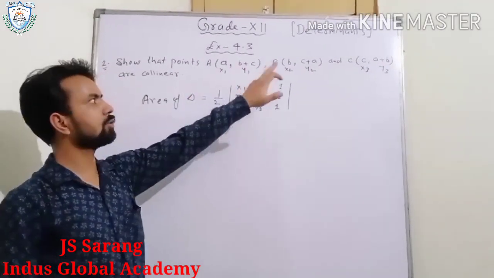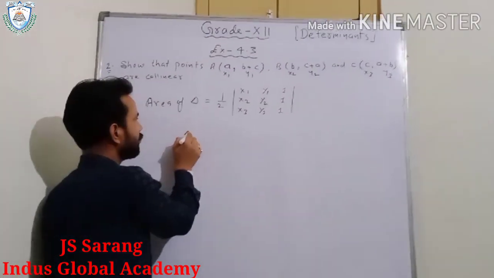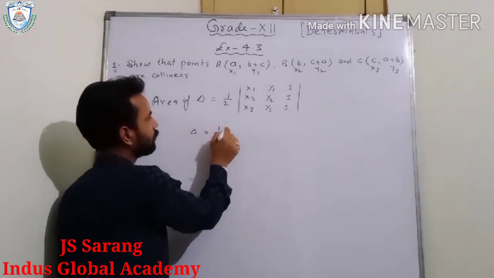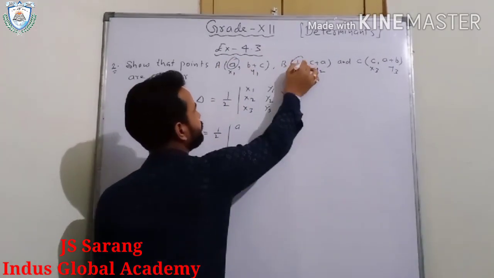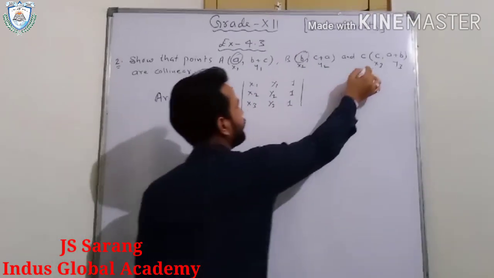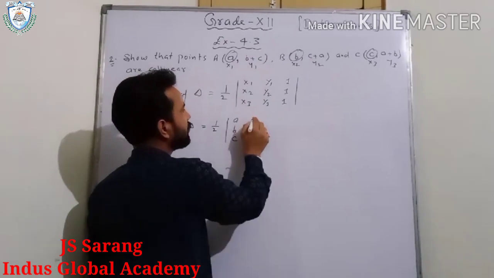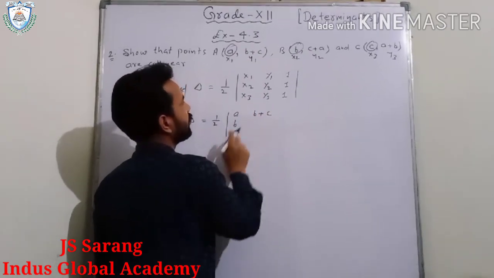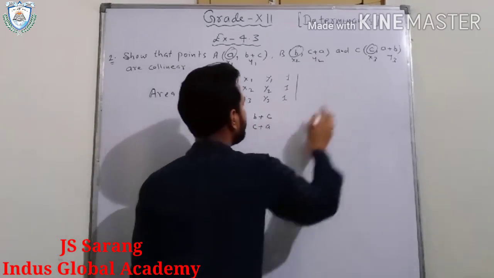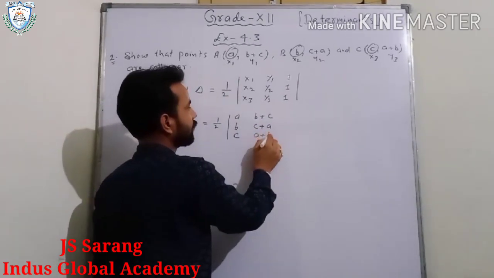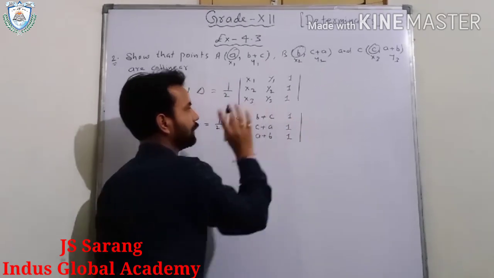So delta equals 1 by 2 determinant, where x1 is A, x2 is B, and x3 is C. Now y1 is B plus C, y2 is C plus A, and y3 is A plus B. And the third column will be 1, 1 and 1.